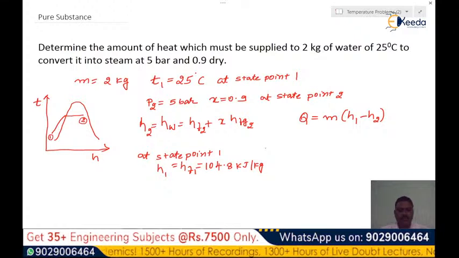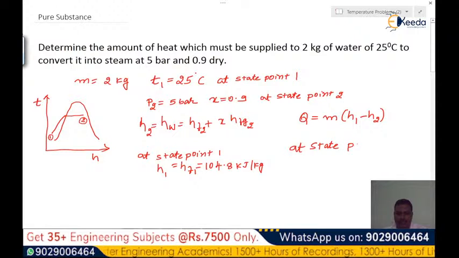Okay, that is H1. Now H1 is calculated. To find out H2, the enthalpy of wet steam, which has a dryness fraction of 0.9, at state point 2 let us take the data from the data handbook, that is at 5 bar.